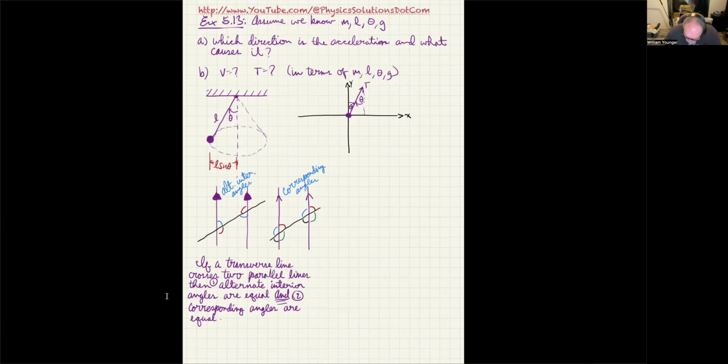Now, in addition to that, there's this other neat little thing. Basically, if you have two lines, don't matter what angle they cross at, then where they cross is called a vertex, and therefore vertical angles are also equal. So this angle right here is across a vertex from this angle. So these two are vertical angles.